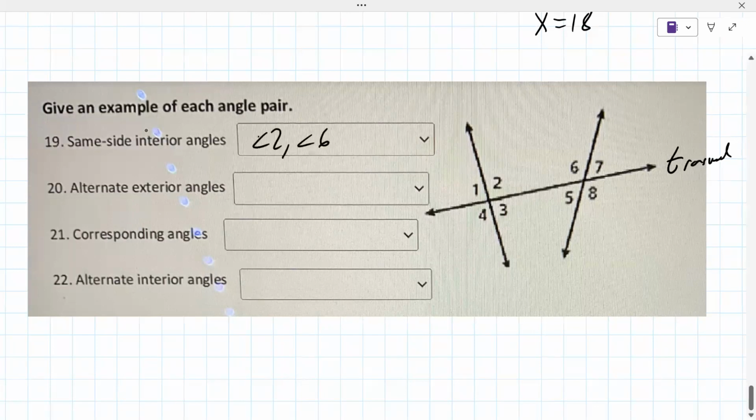And then it's also 3 and 5. So what I'm wondering is if those are all available, or if you just pick one. Yeah, it's just pick one. All right. So for the next one, just let me know what you come up with.